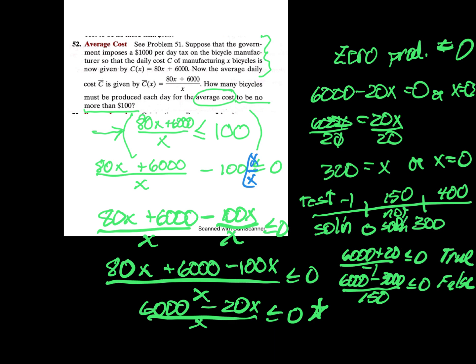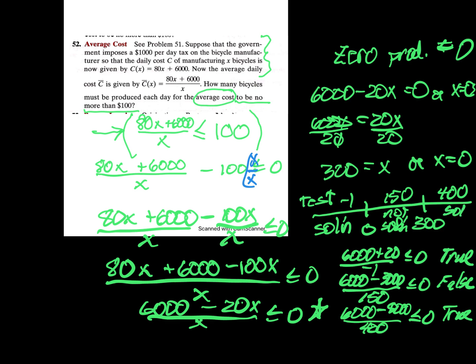And then plug in 400. So we get 6,000 minus 8,000 divided by 400. And that's a negative 2,000 divided by 400, which is a negative number. So that is true.